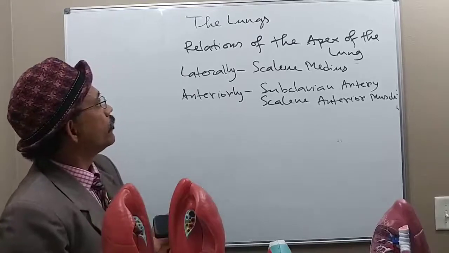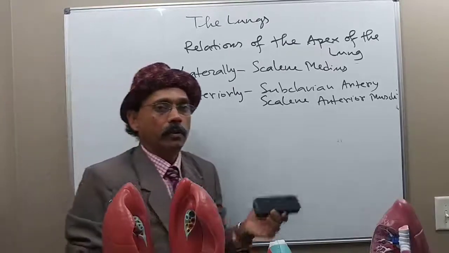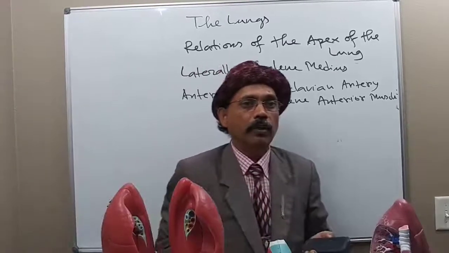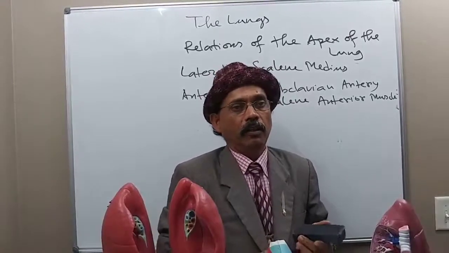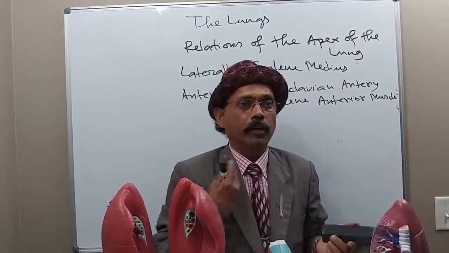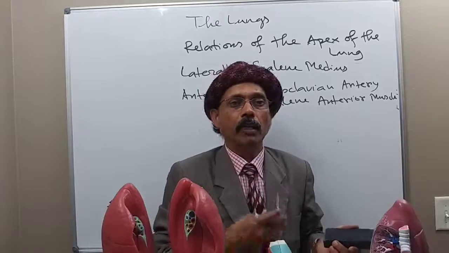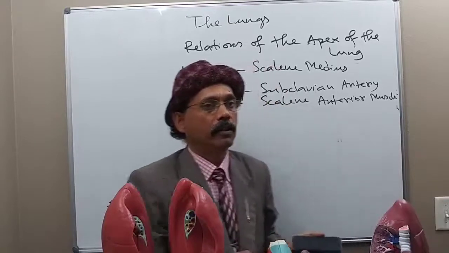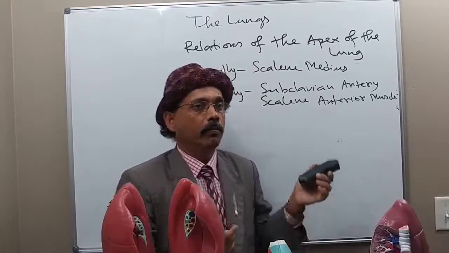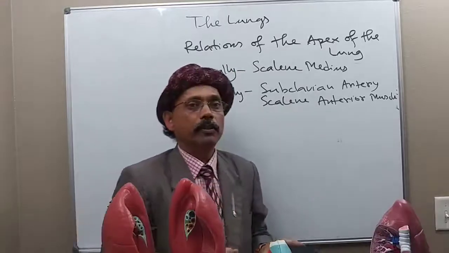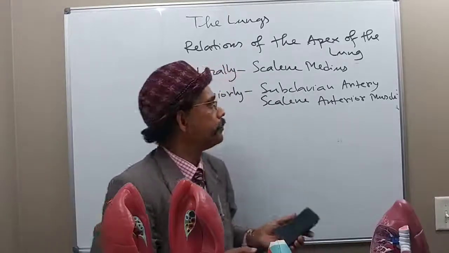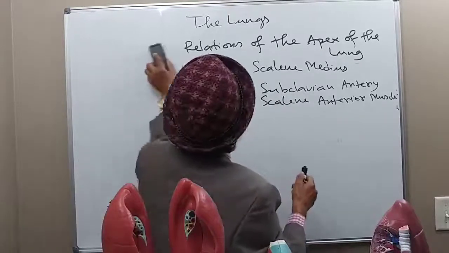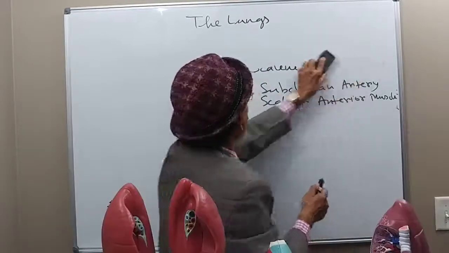So these are the relationships of the apex. The apex is also related to the brachiocephalic vein, and the brachiocephalic artery on the right side, and on the left side to the left brachiocephalic vein. On the right side, the apex of the lung is also related to the trachea. We got the relationships of the apex of the lung.